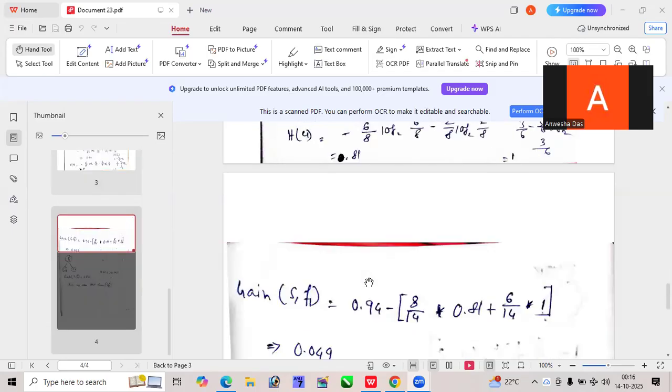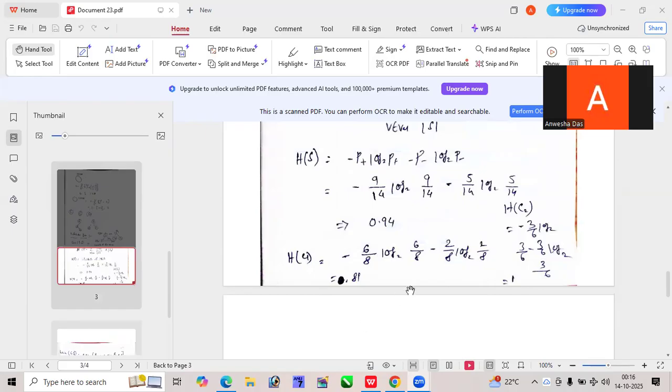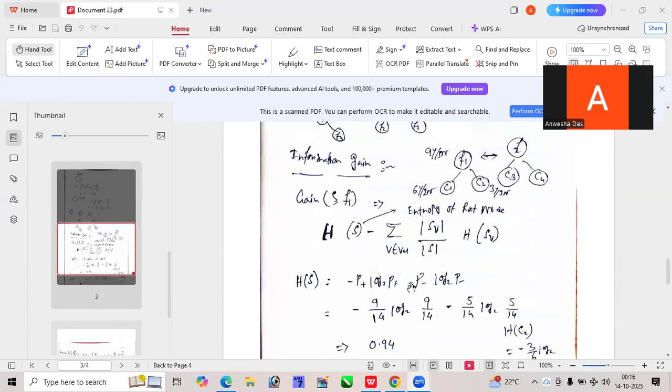Now, 0.94 minus, what is the formula? 0.94 minus 8 by 14. From where did we get 8 by 14? See here, 6 yes and 2 no, total 8. 9 yes plus 5 no, total 14.